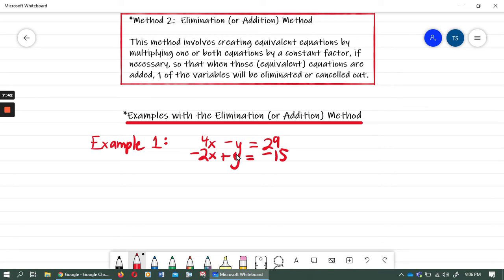Okay? And since this system was already written in that way, we don't have to multiply those equations. Like I said before, we will only multiply those equations if it's absolutely necessary, and in this particular case, it's not necessary.